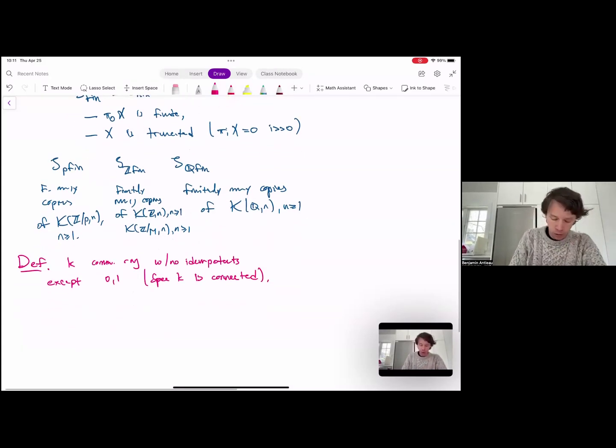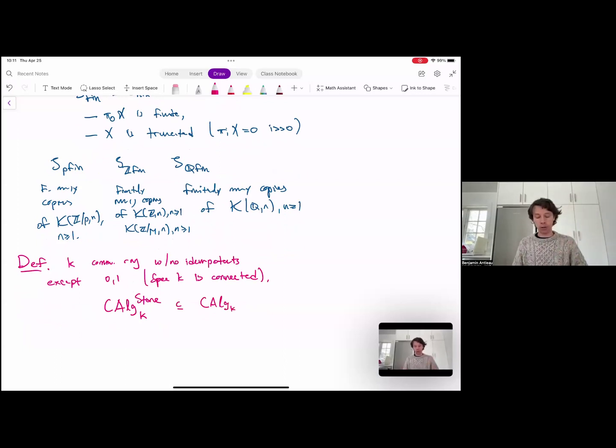I'm going to introduce a space, not written this way: a subcategory of the category of commutative K algebras. So these are just discrete K algebras, and I'm going to call these Stone K algebras.